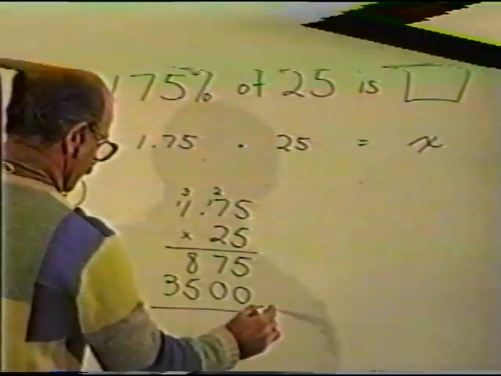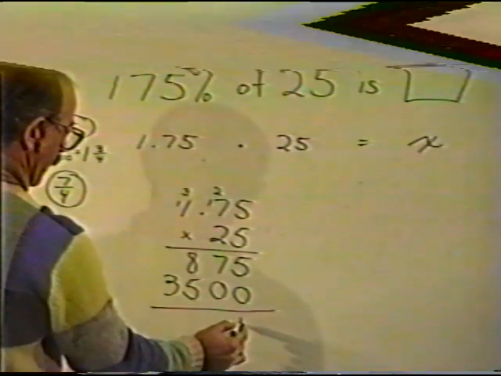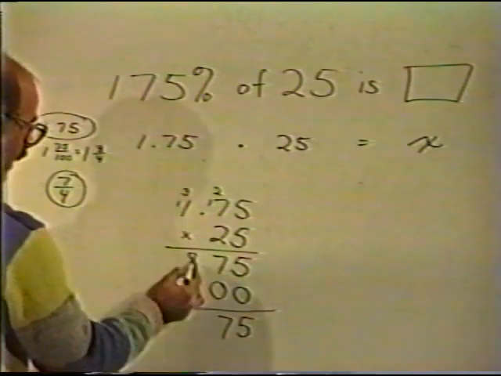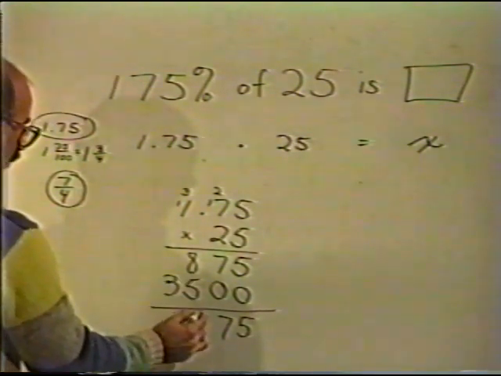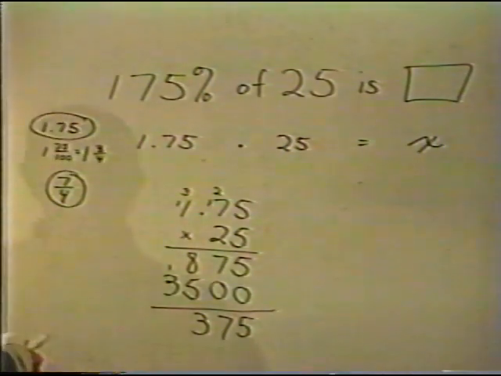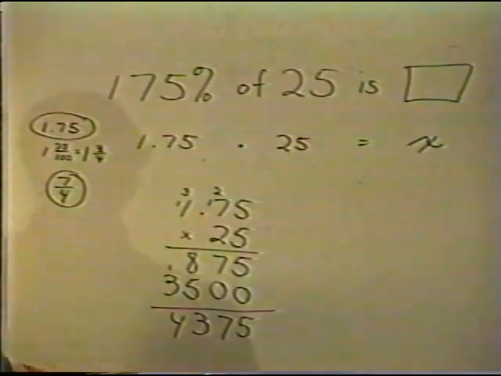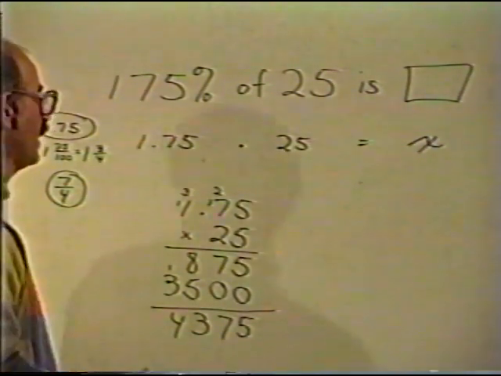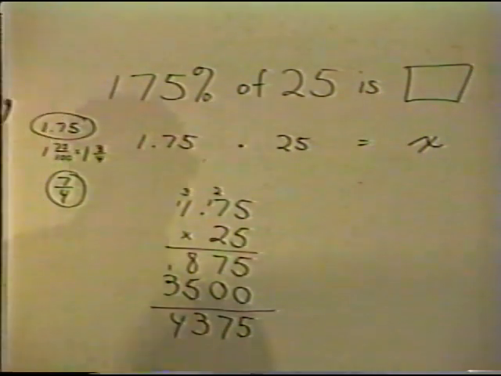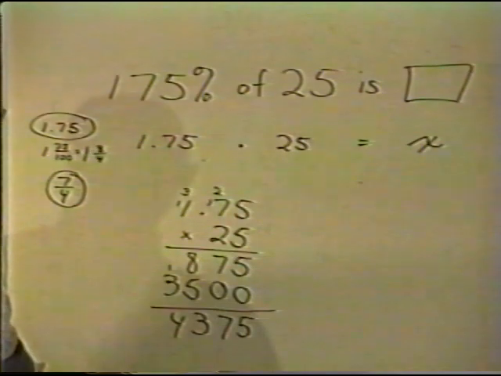Let's add them up. 5 plus 0, 5. 7 plus 0, 7. 8 plus 5, 13. Carry the 1. 1 plus 3, 4. In the problem, how many places to the right of a decimal point are filled? 2.